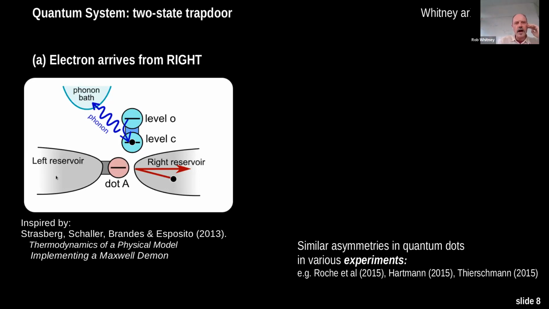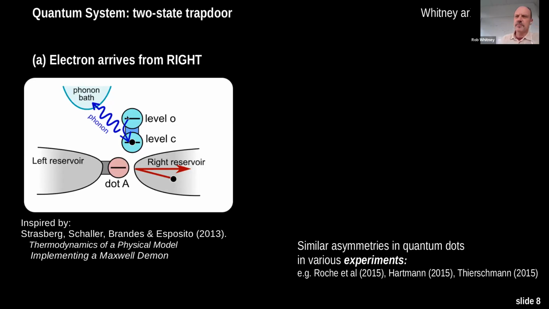So then I have my left and my right reservoir of particles, and I imagine they're electrons. And then I have a single level between them, and I have tunneling from the left reservoir into this single discrete level. And in principle, I have tunneling between this level and the right reservoir, but only if the trapdoor is in the open state.